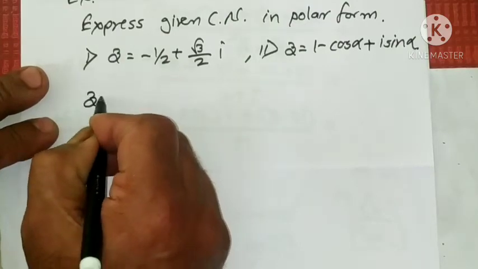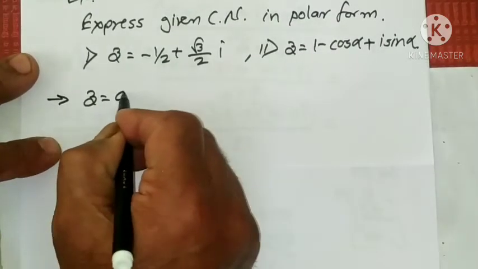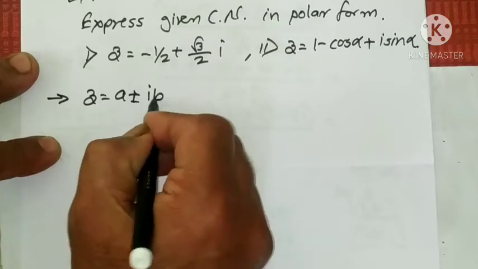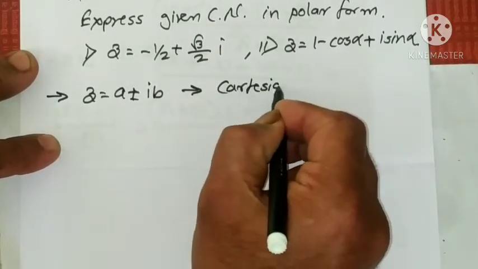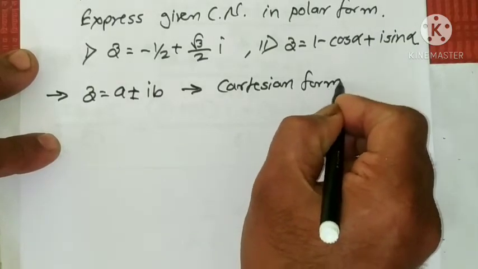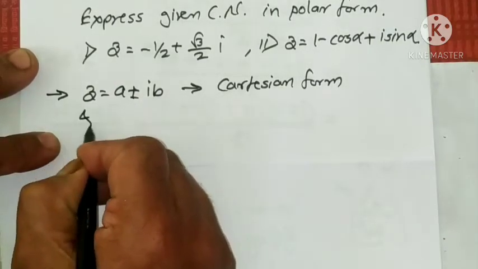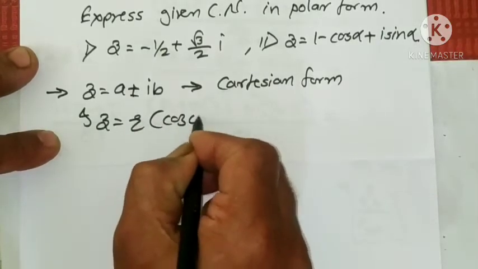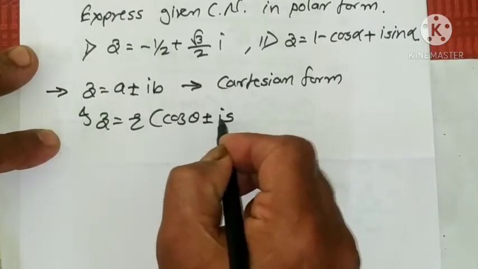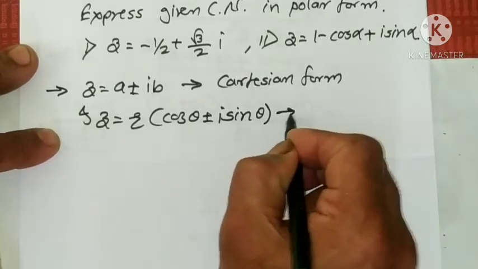Solution. Z is equal to a plus or minus ib is known as Cartesian form, and z is equal to r into bracket cos theta plus or minus i sin theta is known as polar form.